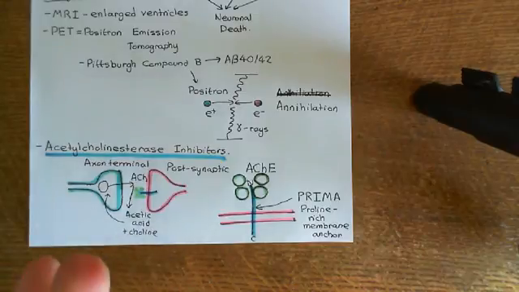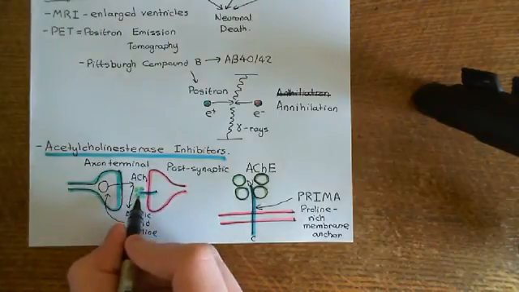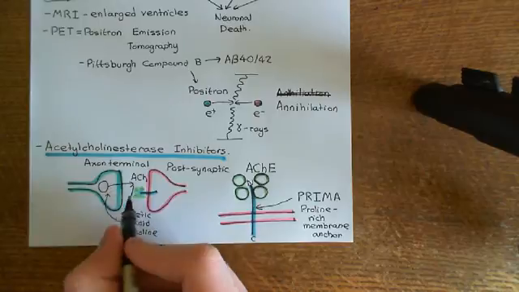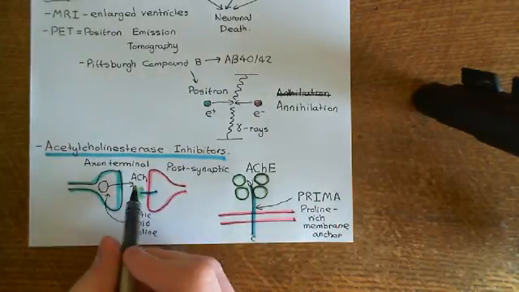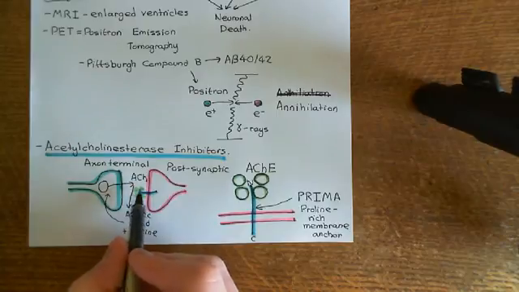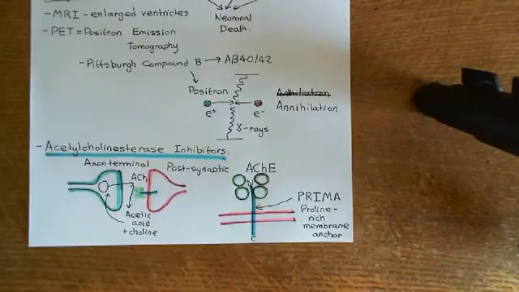This would up cholinergic neurotransmission, and hopefully it would return it to a level similar to what it was before the neurons had degenerated. So the idea is that we can increase cholinergic neurotransmission by blocking these enzymes from degrading the acetylcholine. Now, of course, in reality, we're not going to be able to block every single enzyme, and therefore eventually it will still be broken down, but it will certainly slow down the breakdown of the acetylcholine.